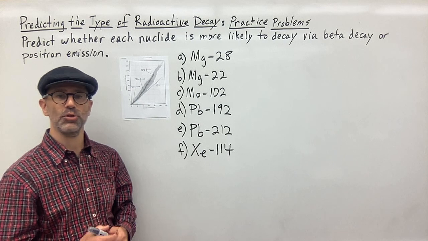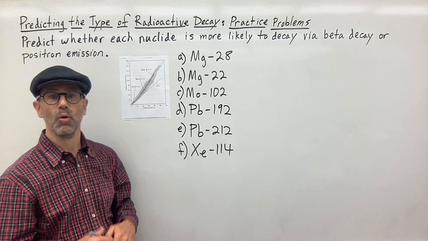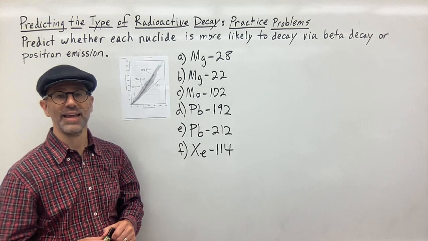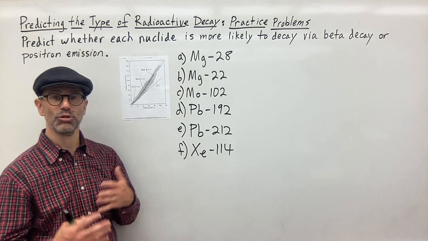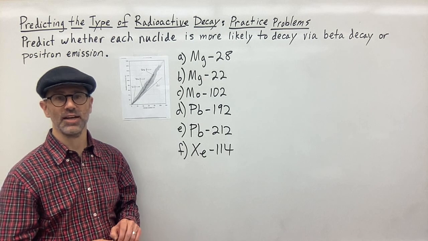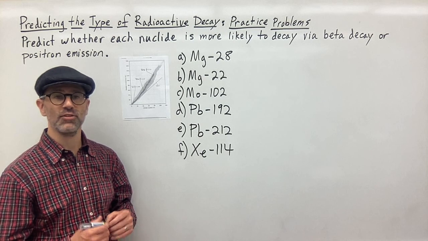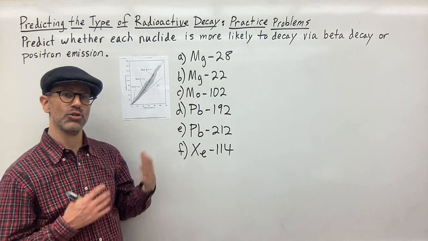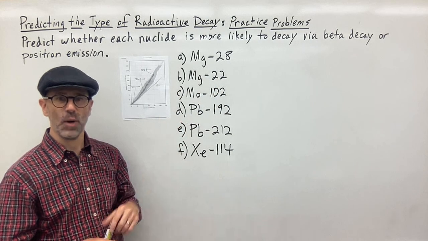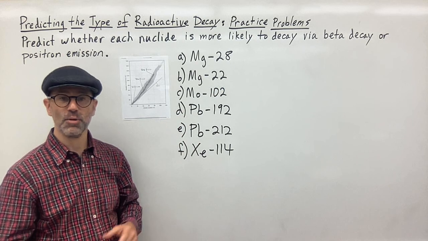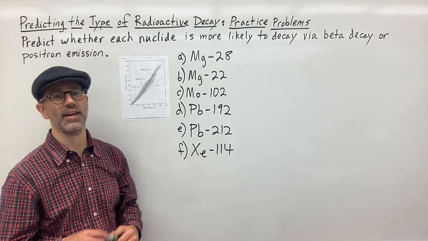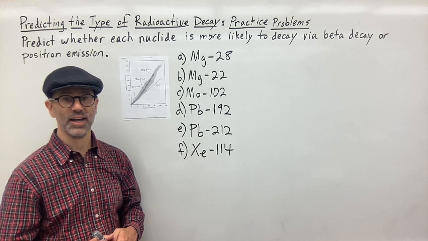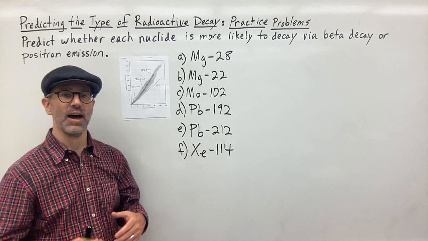We can also use the molar mass or the atomic mass of the elements as well, because that gives us a natural weighted average of the isotopes of each element. So if we see that the mass of this isotope is larger than the weighted average you find on your periodic table, or if it's lower than the weighted average, that will also tell you what kind of decay it's most likely going to go through.